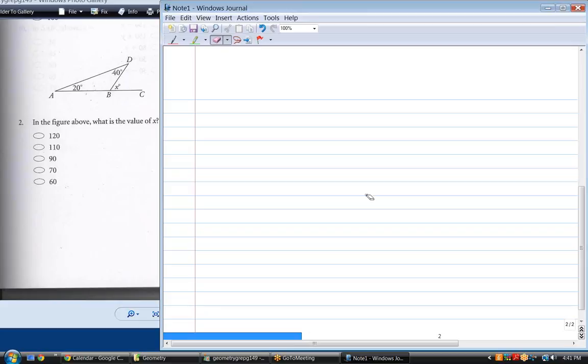20 plus 40 is 60, so 120, and then 120. Would that equal 60? Yes. Now, I like the way you did it. You did it the very normal way.